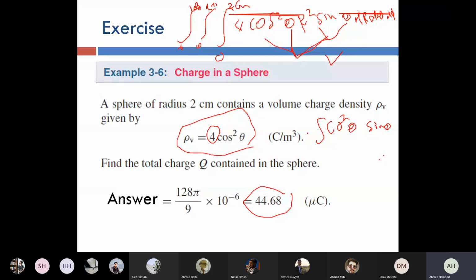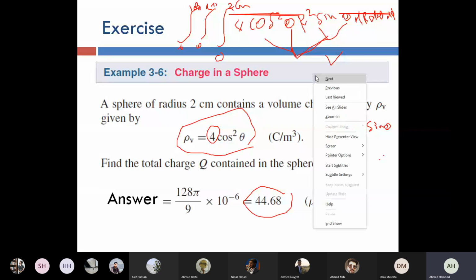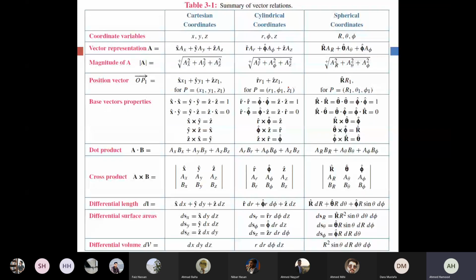Okay, good. This table will help you when you answer any example. First, we have the coordinate variables. First coordinate, Cartesian. Second, we have cylindrical. The third, we have spherical. This table has all the equations that are necessary for you to use. Very easy. I think, if I am not mistaken, this table will be attached to your exam, so you can refer to it.